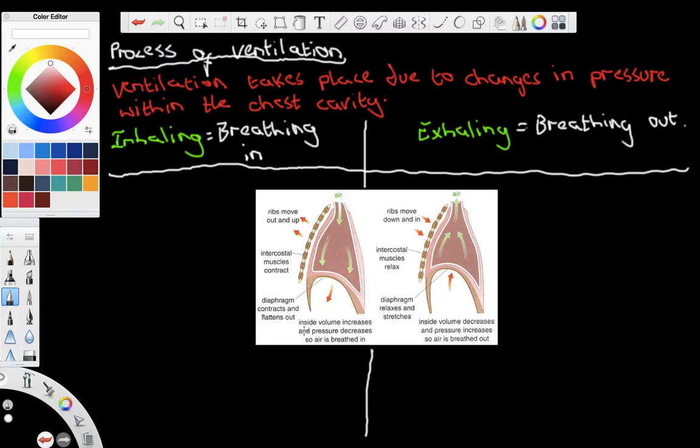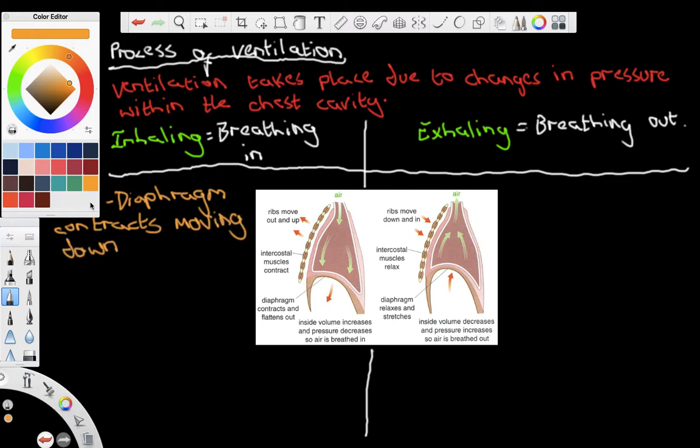It moves down. At the same time, the muscles between the ribs contract, moving the ribs out.